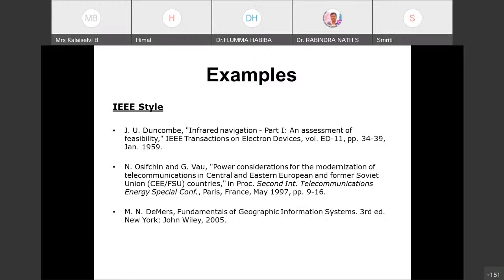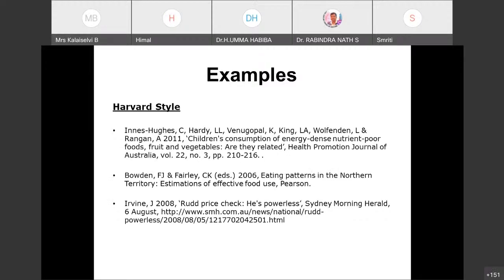So these are some of the examples that we use, depending on whether it's a journal paper, a conference paper, or a book or any other technical publication. All these things can be downloaded from the web, and you can use them as a guide to write references in your work.